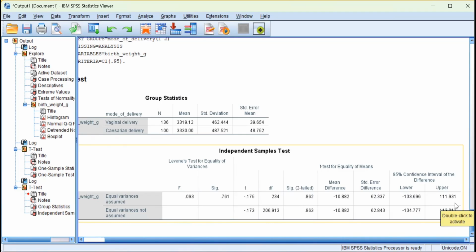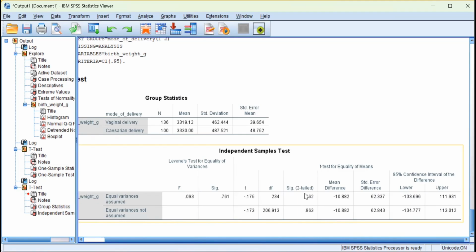If it was significant, you should not have 0. Either it's negative to negative, or it's positive to positive, you should not have 0. So this further confirms this p-value that is not significant. So we can conclude here that there is no difference between the birth weight of babies born through CS and those born vaginally. There's no difference in our study.